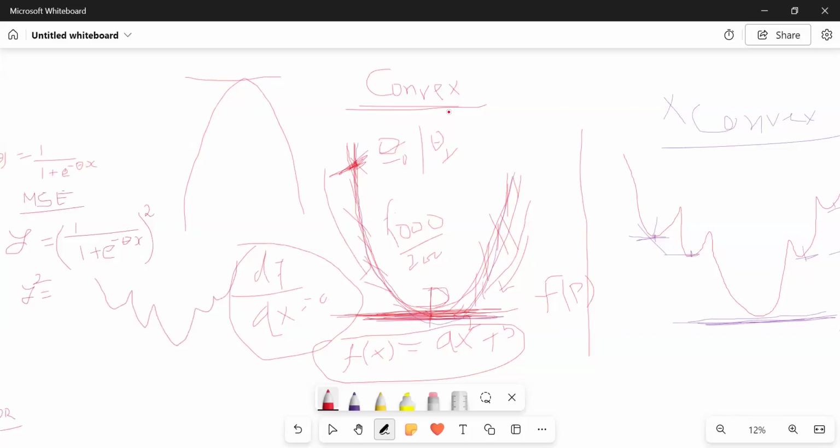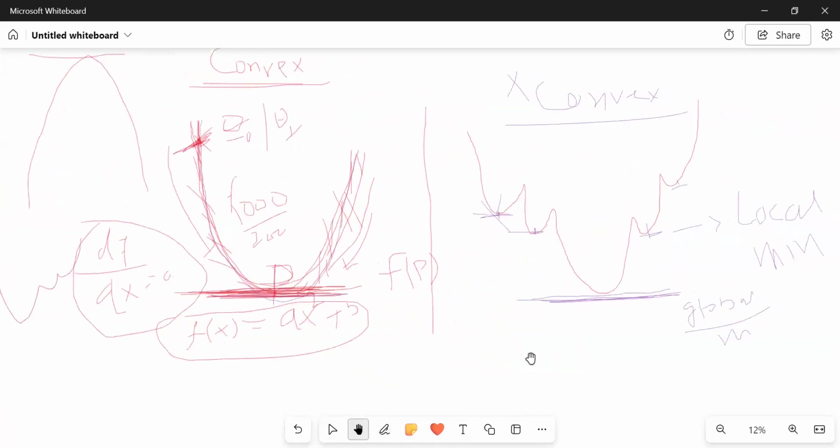This is the concept. Any confusion here? This statement: if your graph is convex, then applying gradient descent is easy, and you can find the minima or maxima. Otherwise, it becomes difficult.